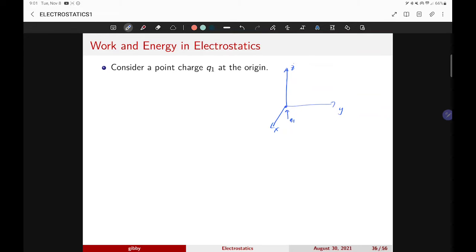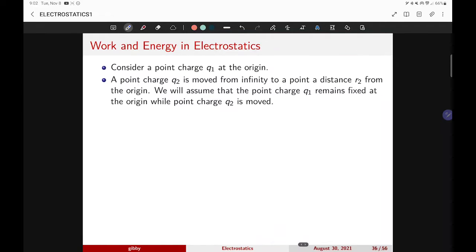Now we will assume, okay, na naay charge Q2 that is moved from infinity to a distance R2. Okay, so let's say, so if you go to the next page, okay, so we have a point charge Q2 is moved from infinity to a distance R2 from the origin. So we will assume that the point charge Q1 remains fixed at the origin while the point charge Q2 is moved.